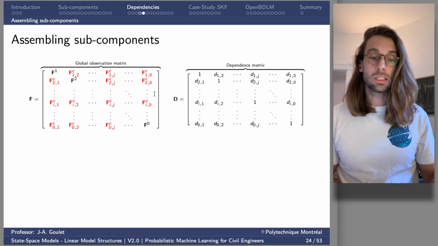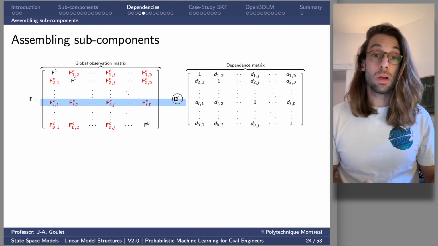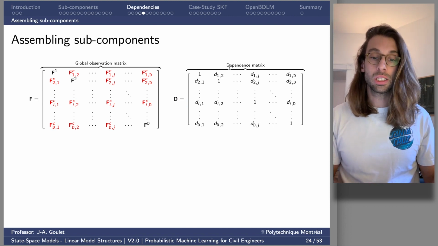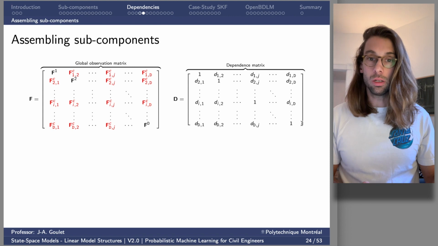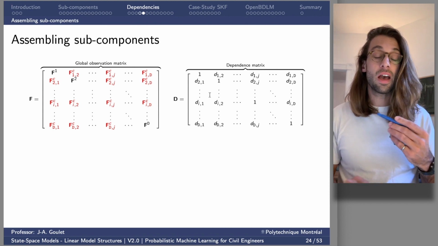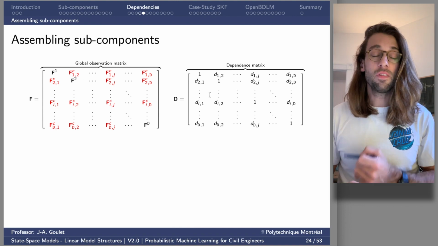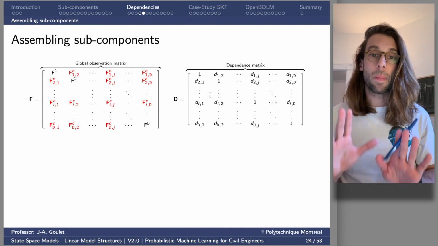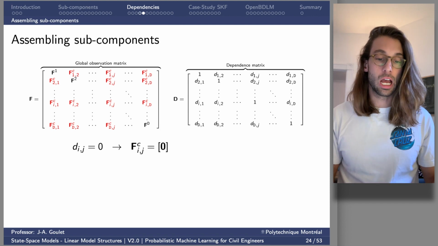And in that case, we're going to encode a new matrix, which is D, where D is the dependence matrix. So we're going to say the diagonal is always 1. The off-diagonal terms are taking values either 0 or 1. So if it's 0, it means we have no dependency. If it's 1, we're going to have dependencies between the two time series.